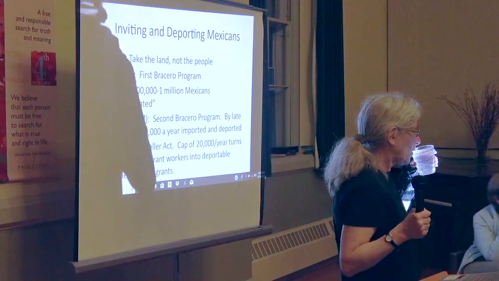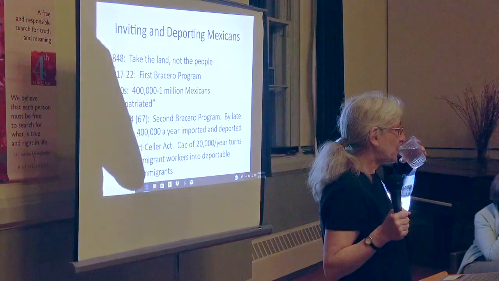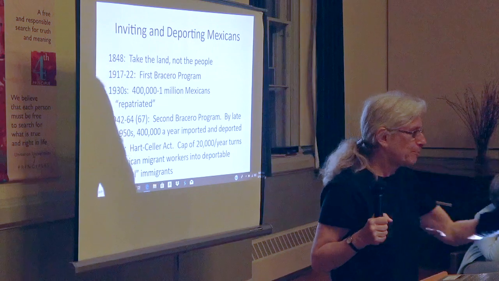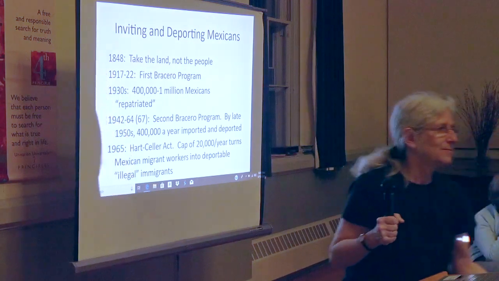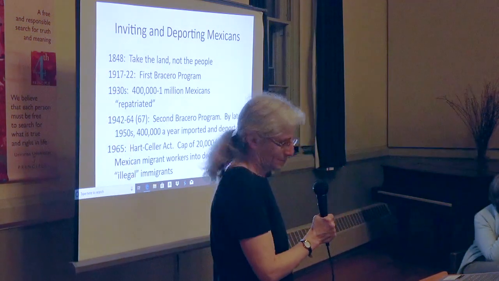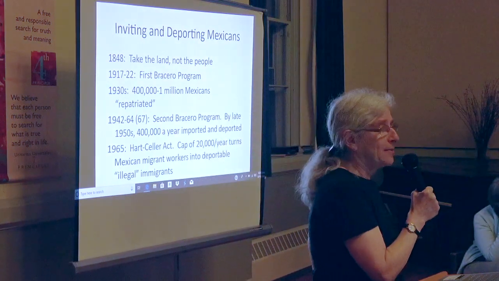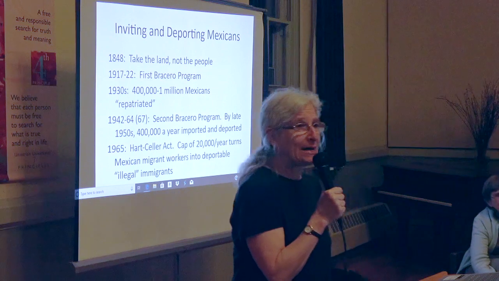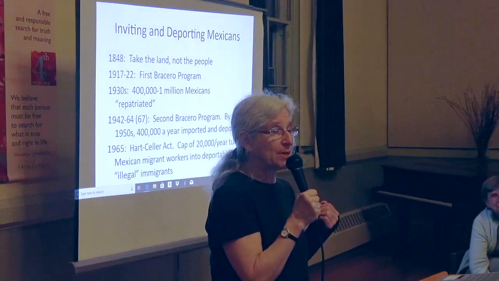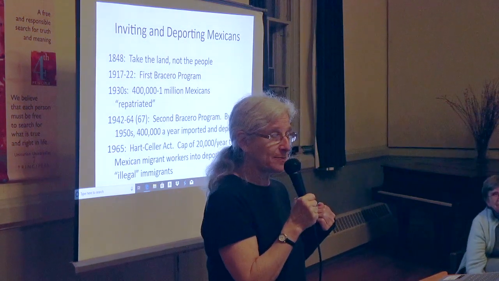Could you talk just a little bit about the question about adding a question to the census about citizenship, and if the Supreme Court goes the wrong way, what would be the response? So the question is about adding a question on citizenship to the census.